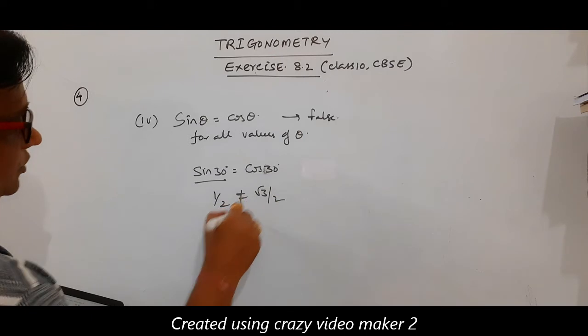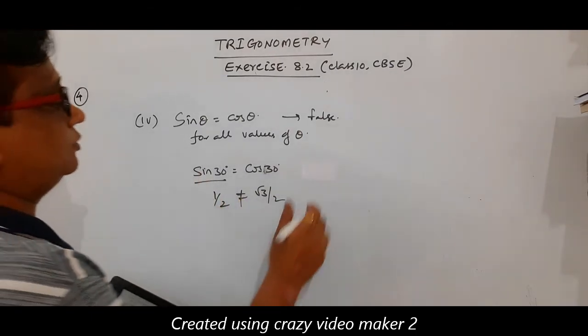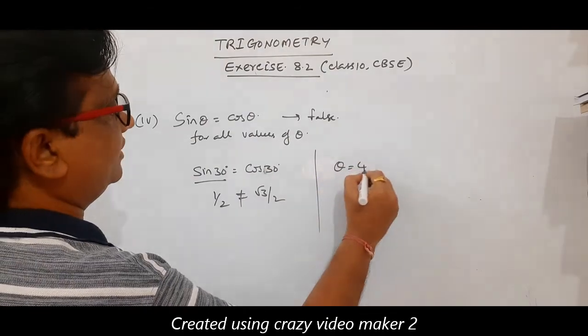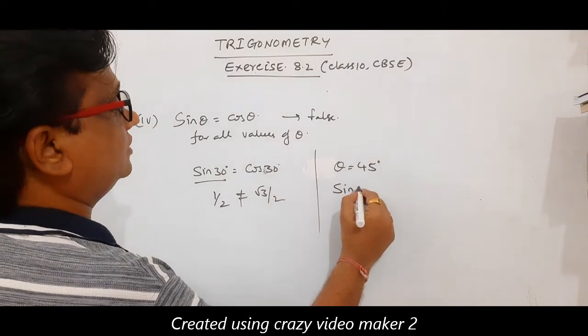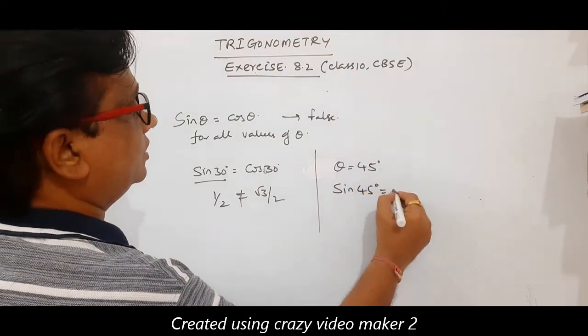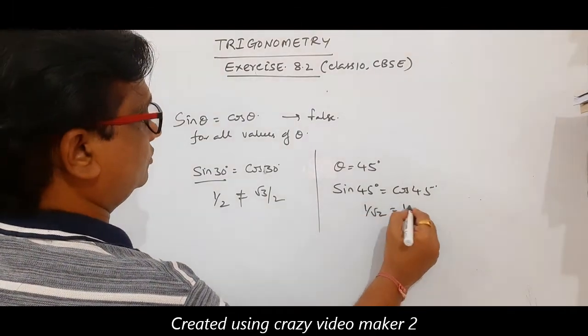It is not possible. It happens only for sin 45 and cos 45, that is 1 by root 2 equals 1 by root 2.